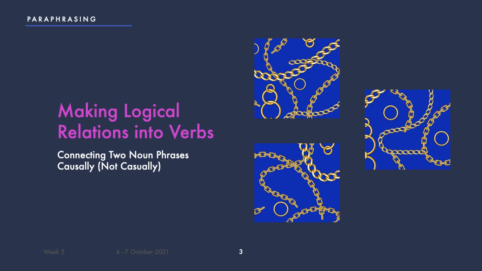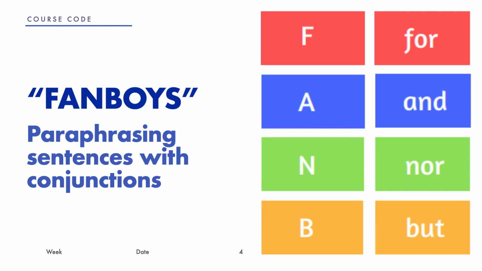So remember, causally is different from casually. The spellings are quite similar, but they are not the same. I learned this acronym recently, FANBOYS, when I visited a colleague's class as she taught her students conjunctions for connecting sentences.